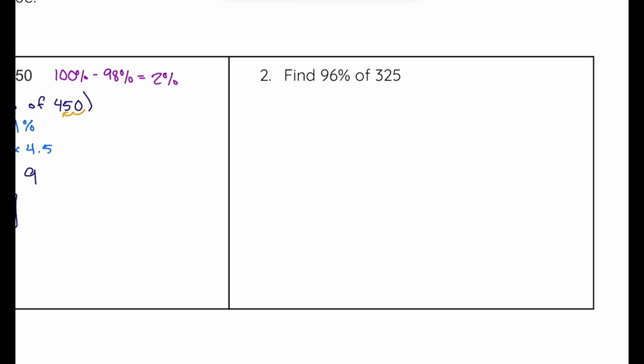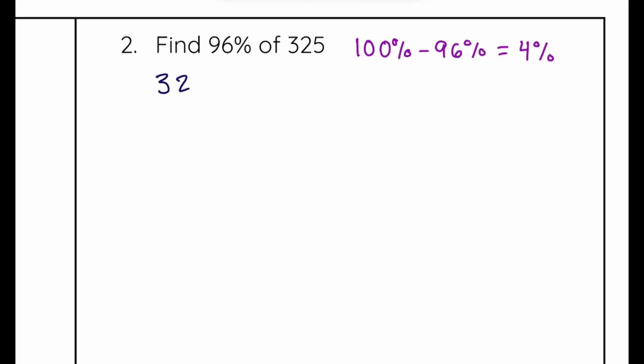Let's look at one more example. So here we want to find 96% of 325. So again, we want to start by finding the difference between 96% and 100%, and that is 4%. So because there is a 4% difference, the shortcut here is to calculate 4% of 325 and then subtract that from 325.